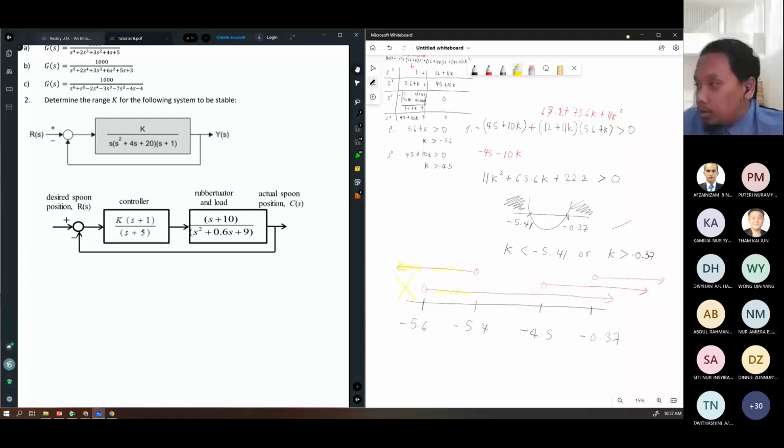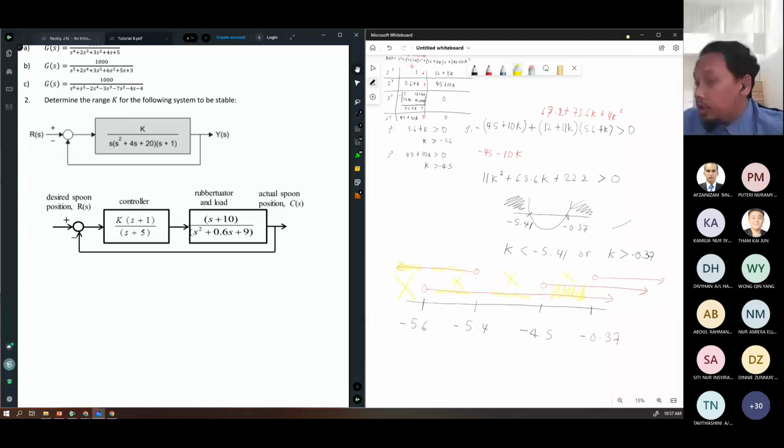So this range also is not the range of K. If between negative 5.4 until negative 4.5, you only have this line. So again, not this range. And from negative 4.5 until negative 0.37, you only have these 2 lines here. Dua garisan je. So again, this is not the range that we want.